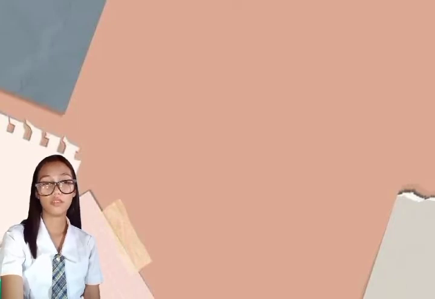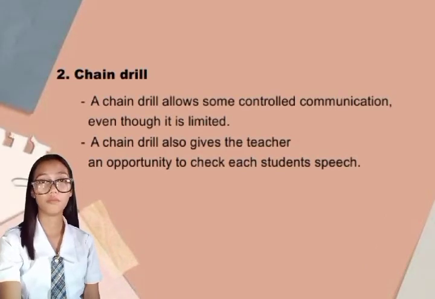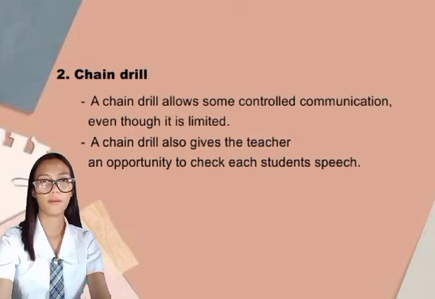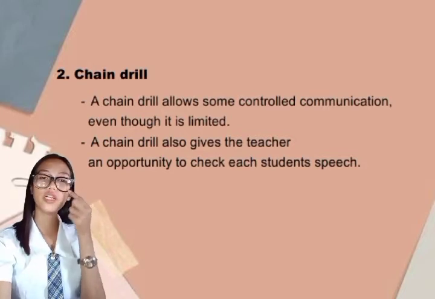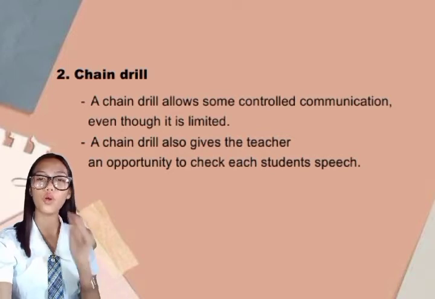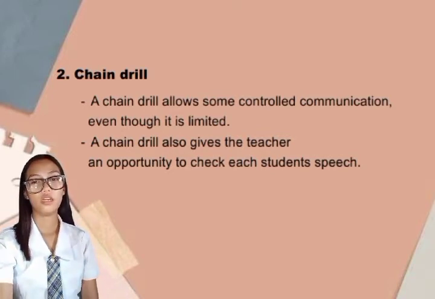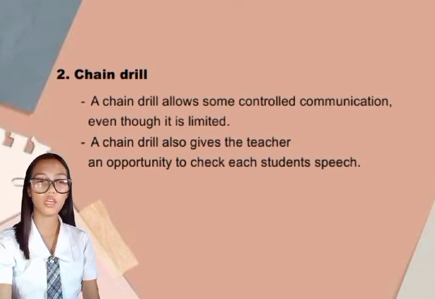Second, the chain drill. A chain drill allows some controlled communication, even though it is limited. A chain drill also gives the teacher an opportunity to check each student's speech.